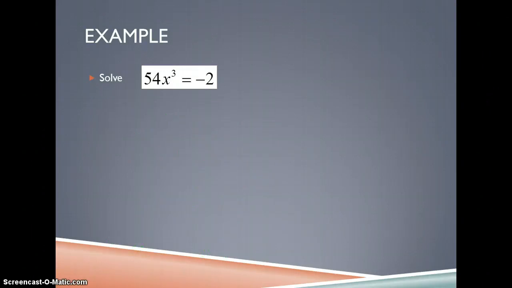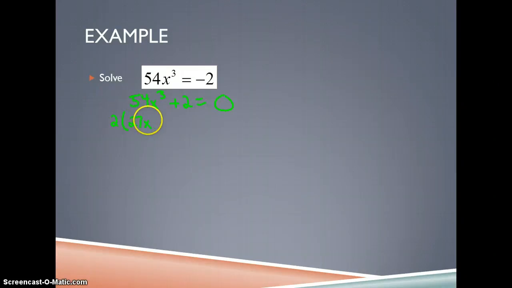In our last example here, 54x cubed equals negative 2. Again, we need to first set it equal to 0. I get 54x cubed plus 2 equals 0. As I'm looking here, we have a common factor on the left side. That's 2. I factor that out.